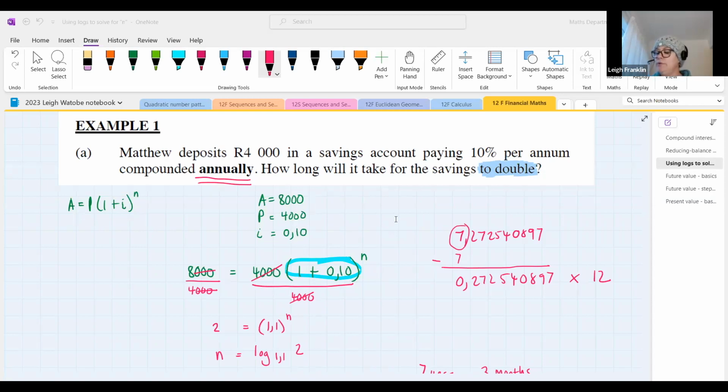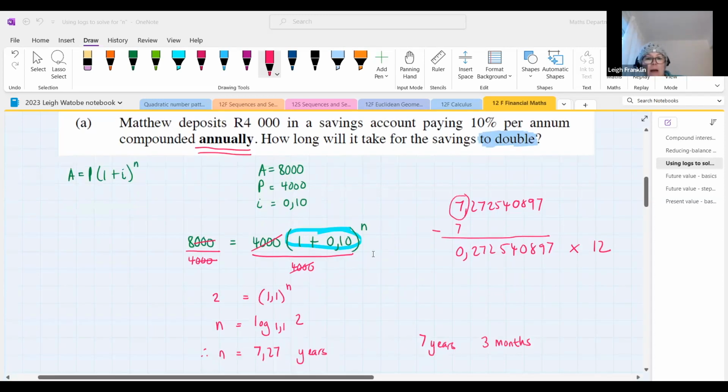So, for example, let's say you are working with the future value or present value formula, and they ask you to calculate the number of payments required to pay off a loan or something. So, in other words, you're working with present value, okay? Then you would have to round up.